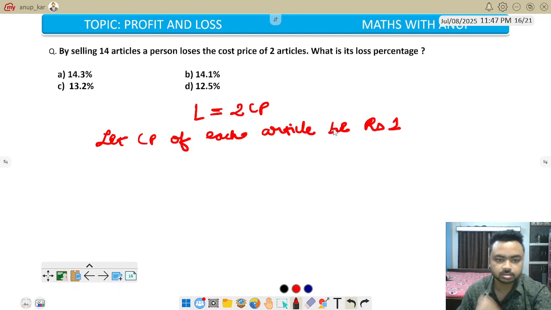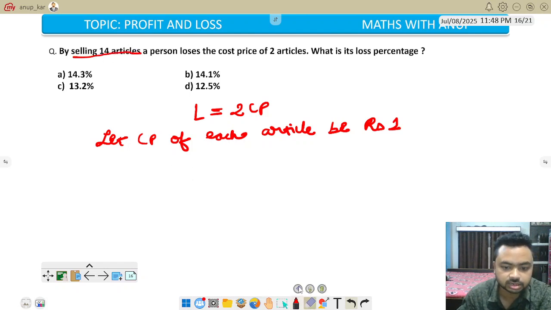I hope it is clear. So my loss by selling 14 articles. To sell 14 articles, a person has to buy also 14 articles, right?